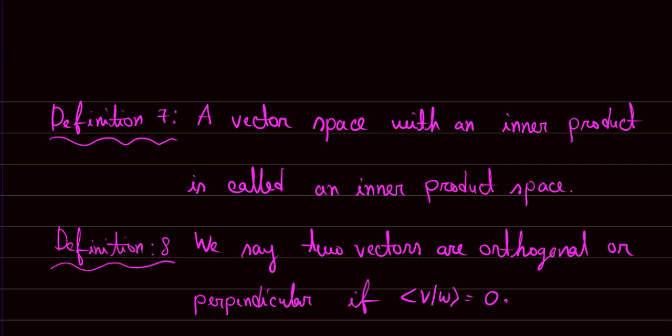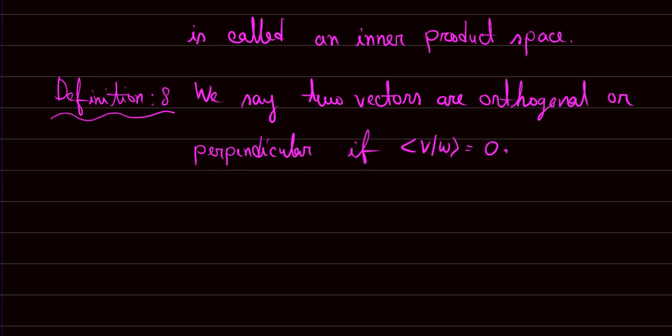It's like the dot product in our three-dimensional vector cases. We know if two vectors are perpendicular to each other, then their dot product is 0, and we are generalizing this in definition 8, that if the inner product of two vectors of our vector space is 0, we will say that they are orthogonal or perpendicular, like the three-dimensional cases of vectors.